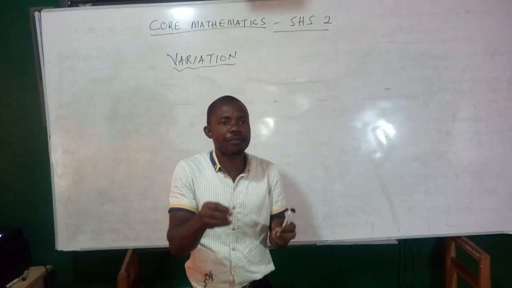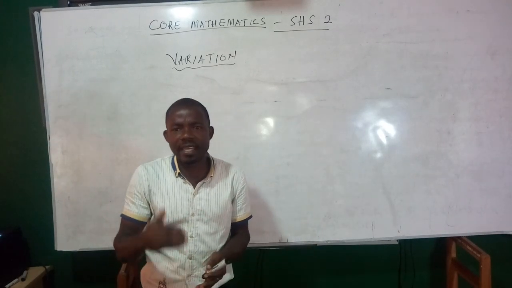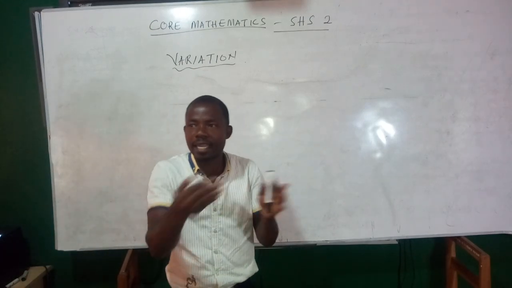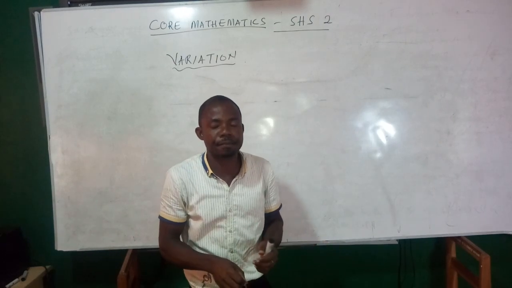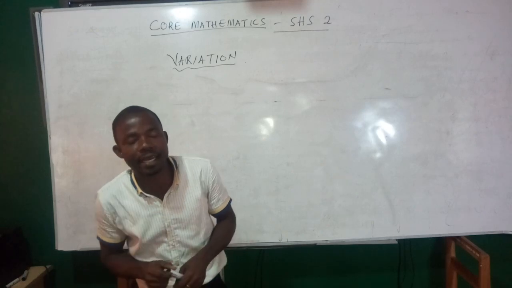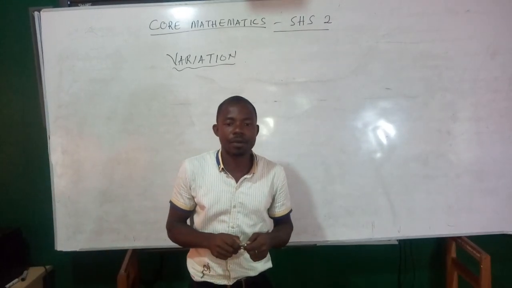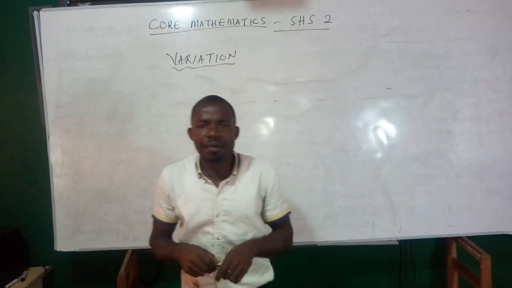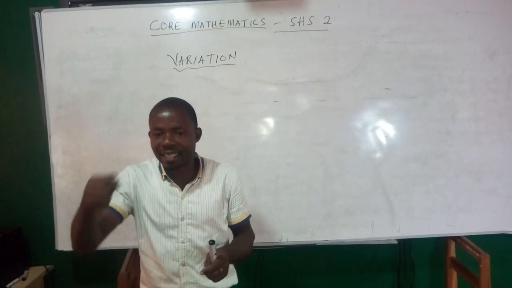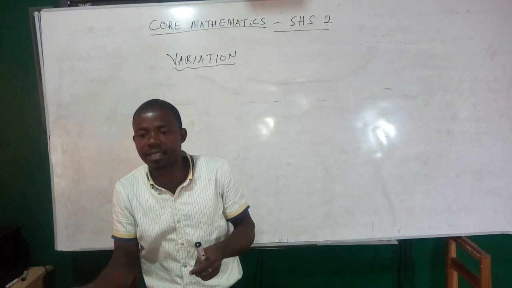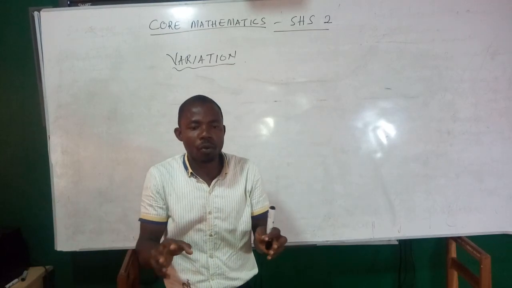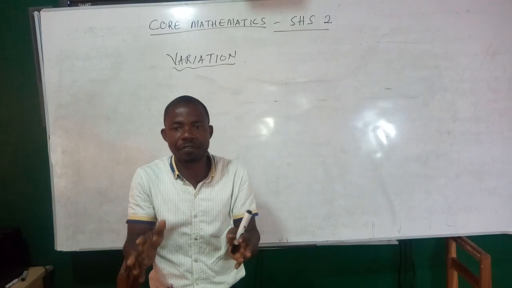Sometimes too, we have a variation in which when there is an increase in one variable, the other variable decreases. When we come to the types, we will look at that. An example of the one which increases when the other one decreases is when we have more people weeding a piece of land.